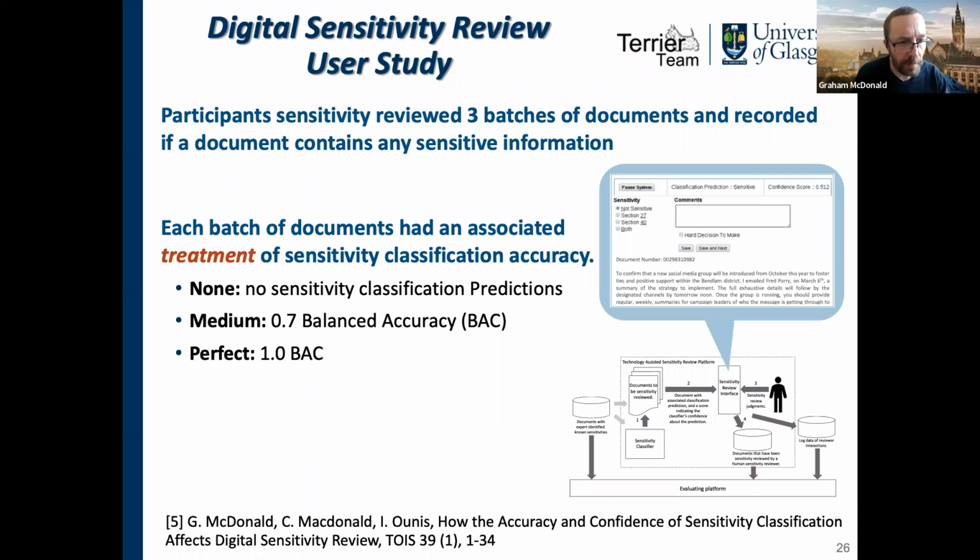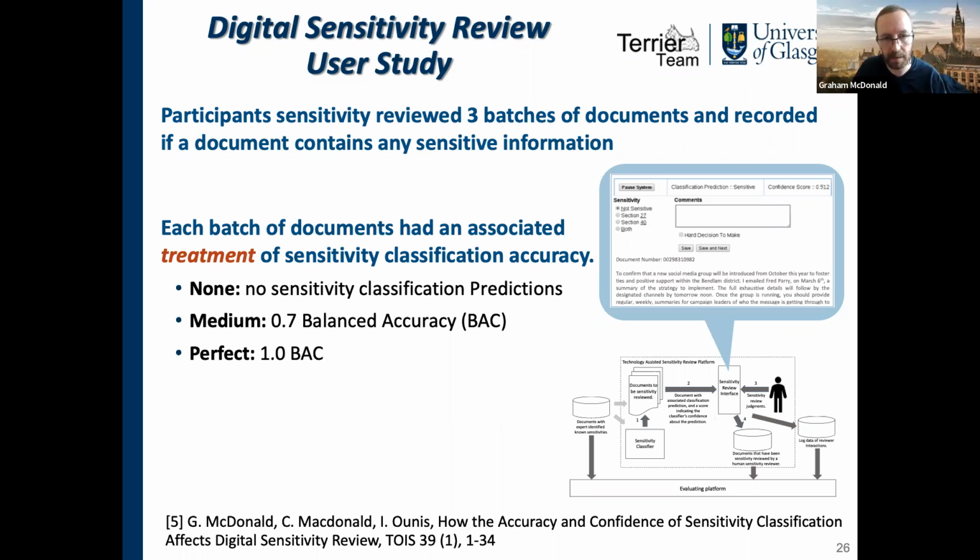I'll say a bit more about the perfect predictions in a second, but basically expert reviewers create a ground truth first, without being given predictions, they're just doing their job. Then in the study, we're using the same documents that have already been reviewed, and we want to see if the reviews of this user study match the ground truth.